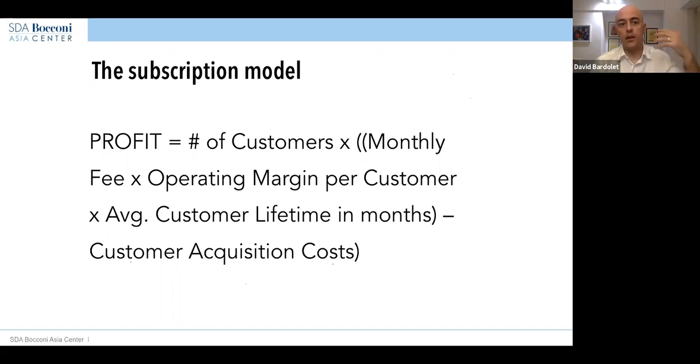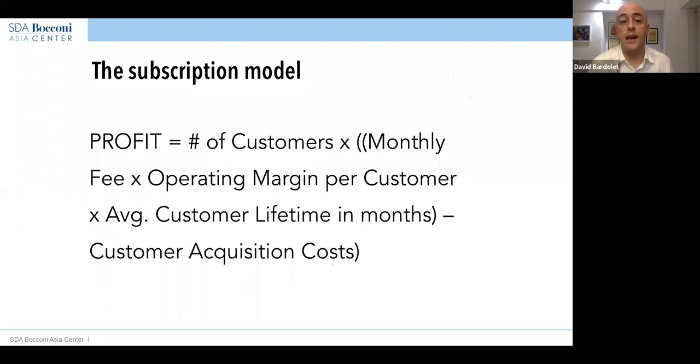So all the money they give me, I have to take out the cost of obviously serving them, whatever I need to spend. But all the money they're giving me goes into my pocket. So we have here 4 variables plus the first one. We have 5 variables that are driving the subscription model.